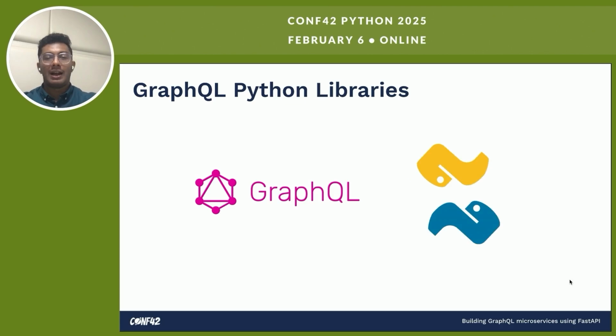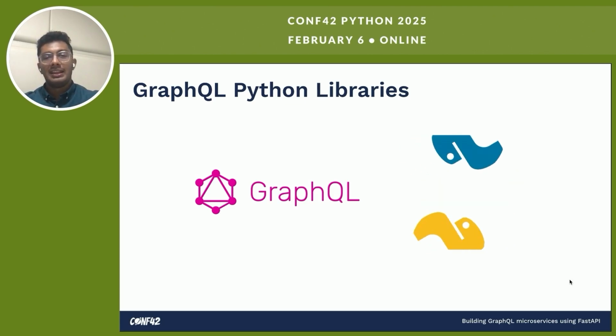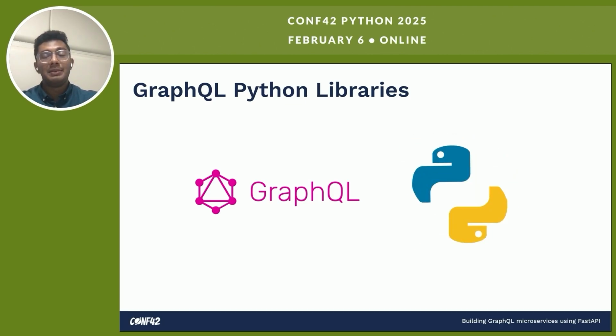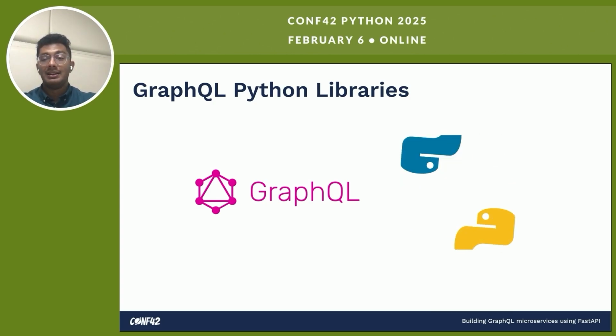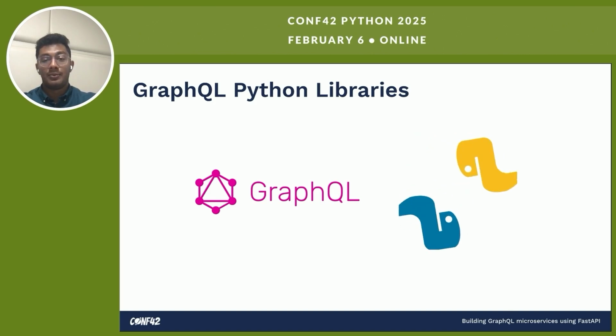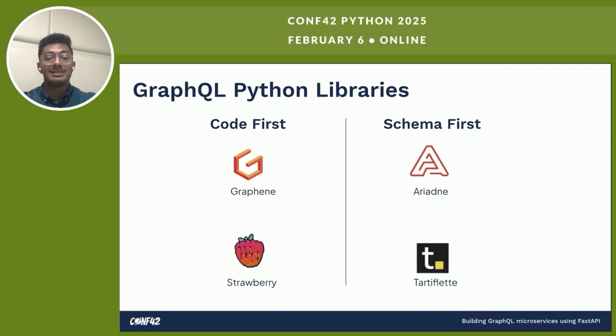Moving on to the GraphQL Python ecosystem. There are multiple libraries available for GraphQL support within Python. When working with GraphQL, there are two main approaches for building your API: code first and schema first. Each approach has its own set of libraries that help developers implement GraphQL APIs efficiently.